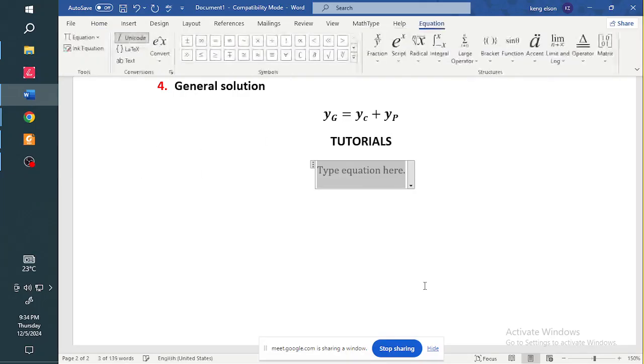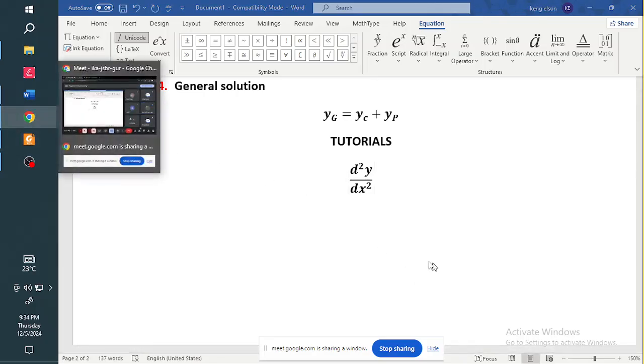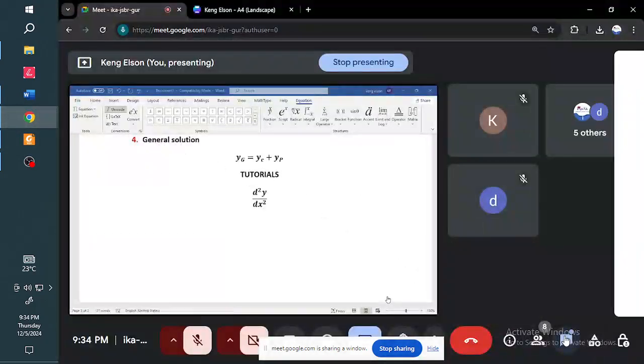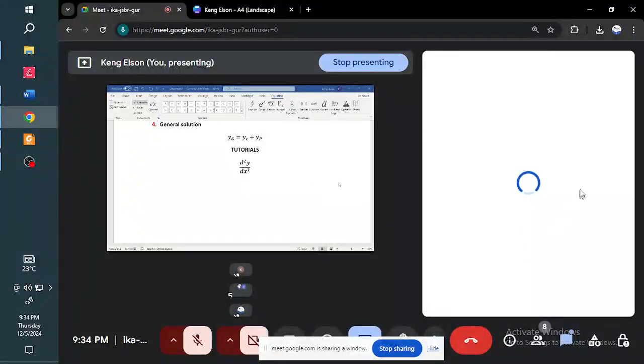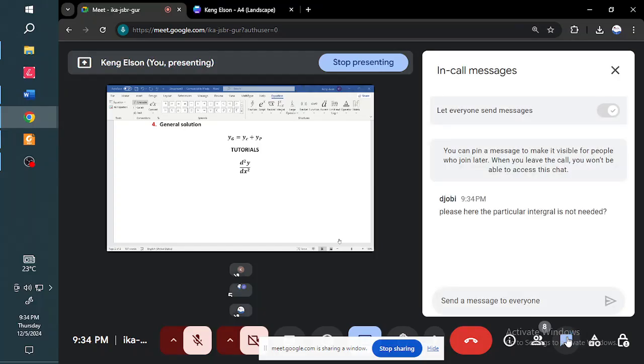Okay, so let's consider the differential equation d squared y by dx squared. Somebody has sent a message. Let me try to read. Please, here the particular integral is not needed.